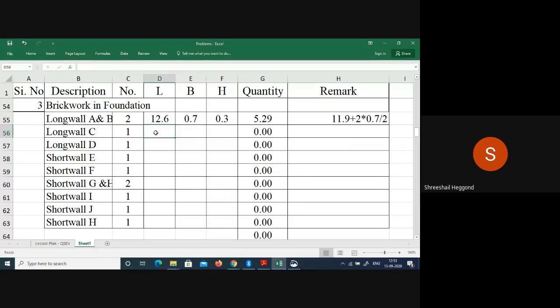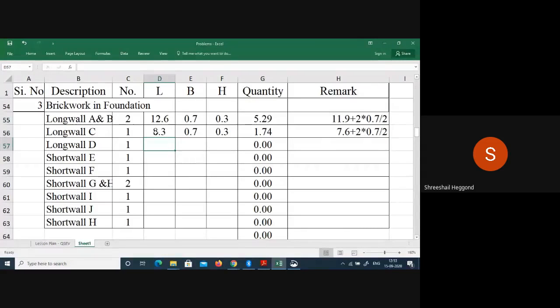Quantity will be 5.29. Similarly, for long wall C, length is 7.6. Both the sides you have to add 0.7 divided by 2. That will be 8.3. That is 0.7, height is 0.3. Therefore, quantity is 1.74.